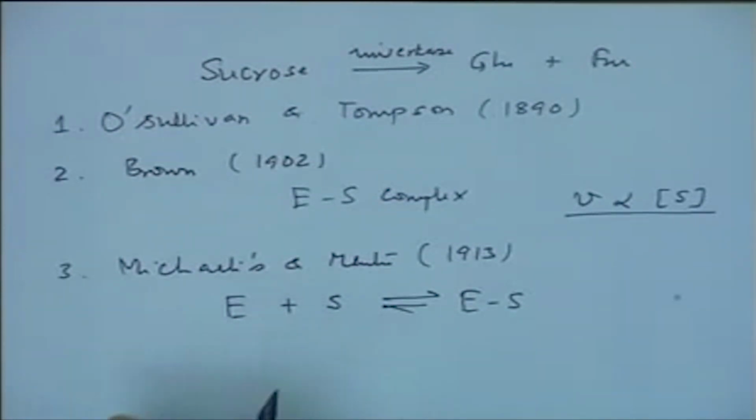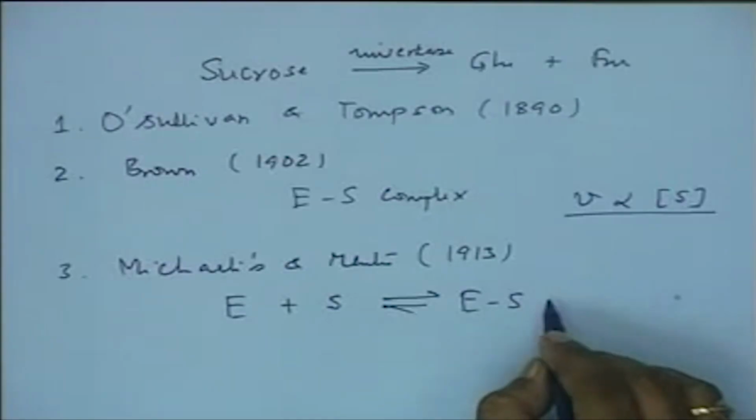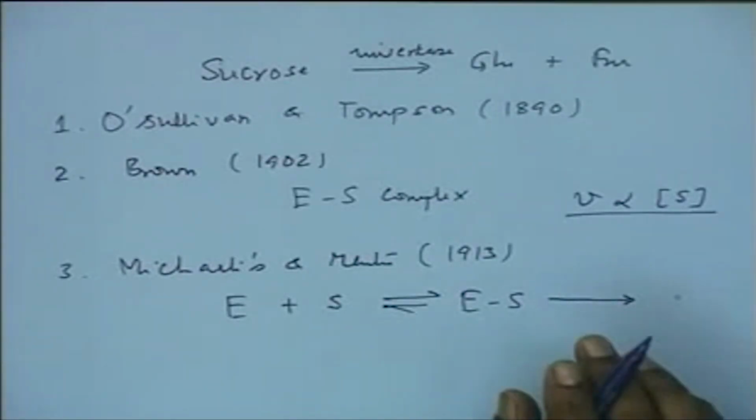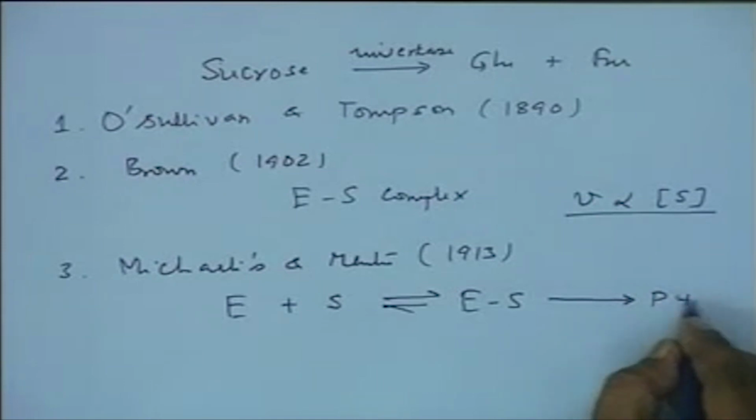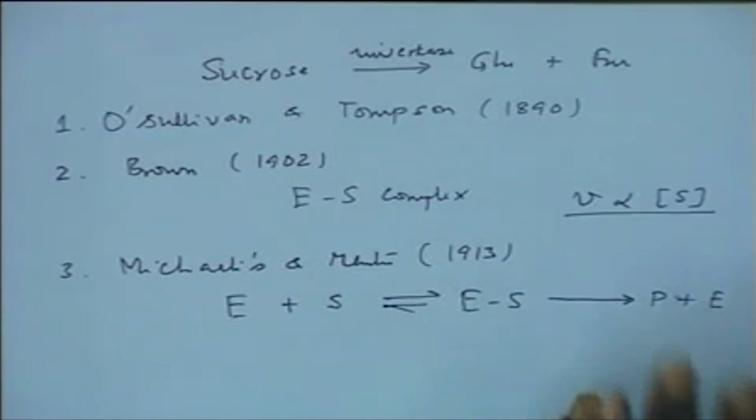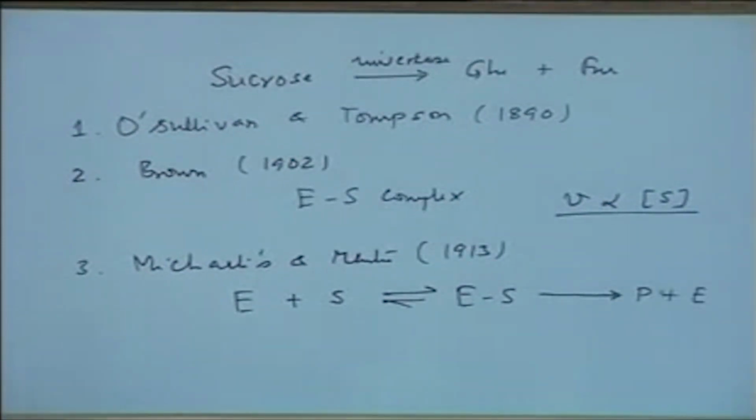Basically he was the first person to propose a mechanistic hypothesis followed by enzyme catalyzed reactions, and then this enzyme substrate complex breaks irreversibly to form the product and the enzyme is released back. That was the hypothesis he proposed, and probably it is one of the landmark contributions in the study of enzyme kinetics even today.